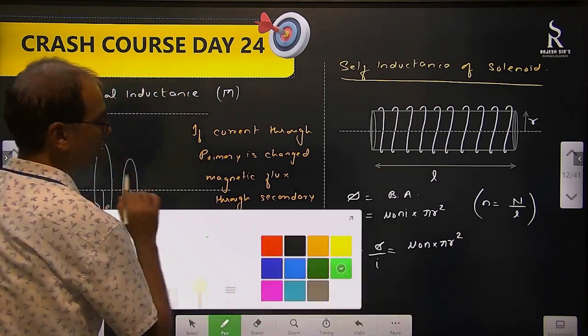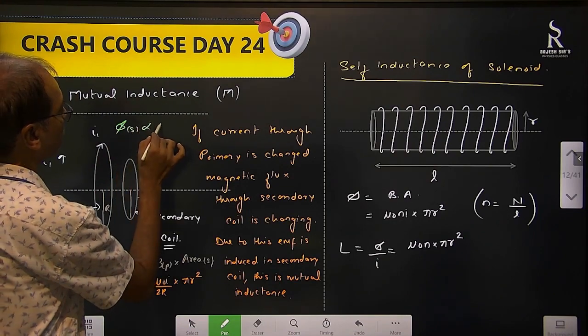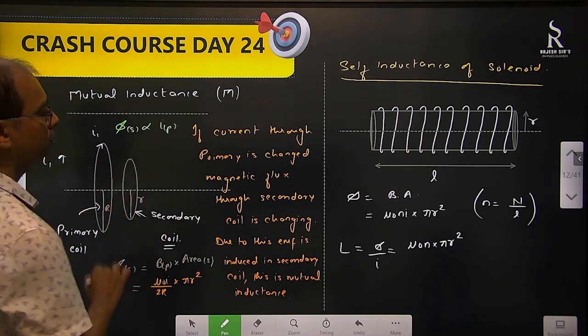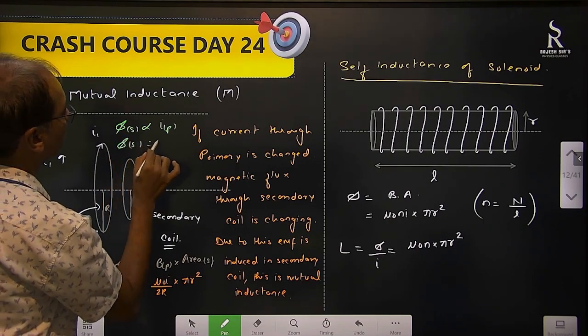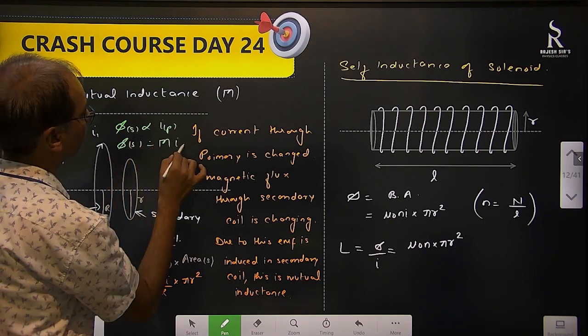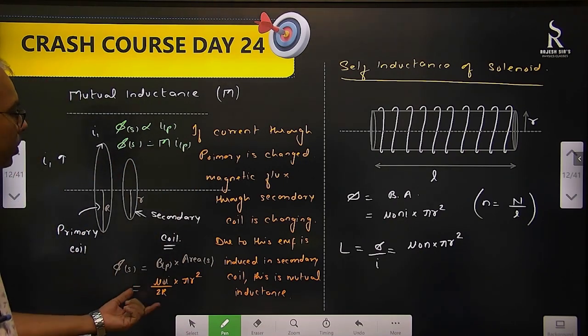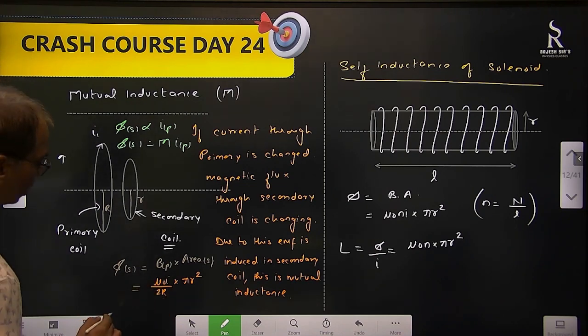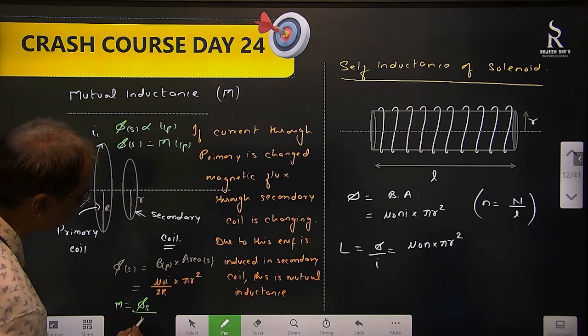Flux through the secondary is proportional to current through the primary. So remove this proportionality and bring in the coefficient of mutual inductance. So M is equal to flux through the secondary by current in the primary.